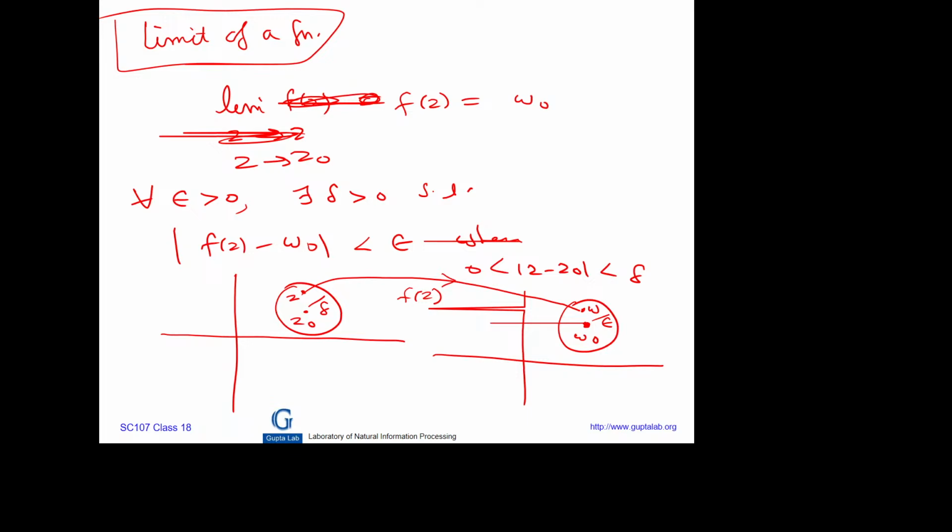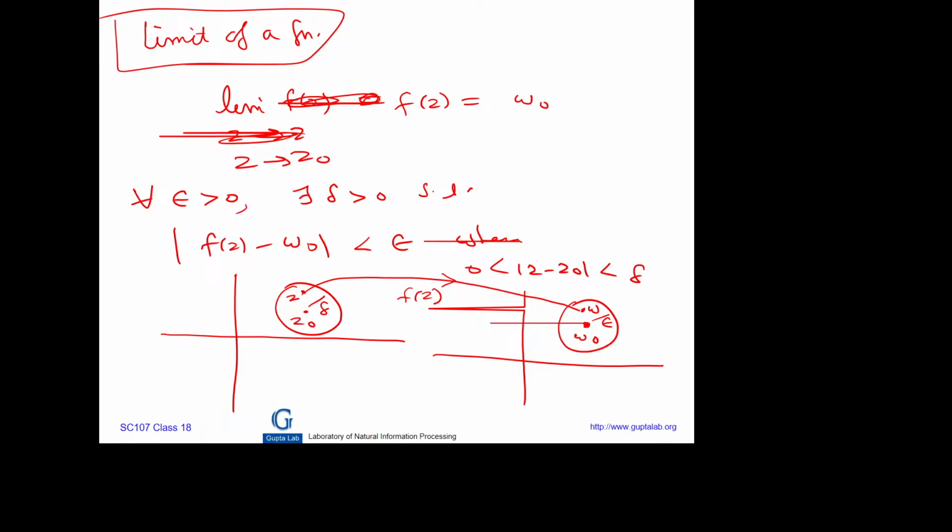So this quantity I can just compute. This value is mod of iz by 2 minus i by 2. I have to find delta in terms of epsilon, such that this is true.